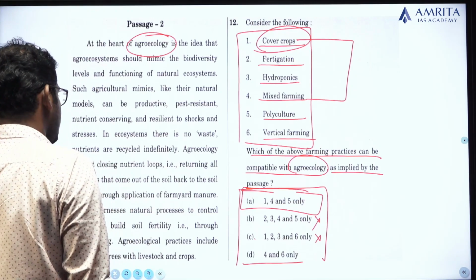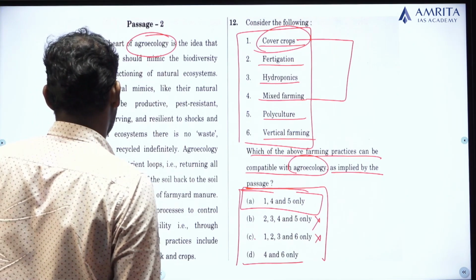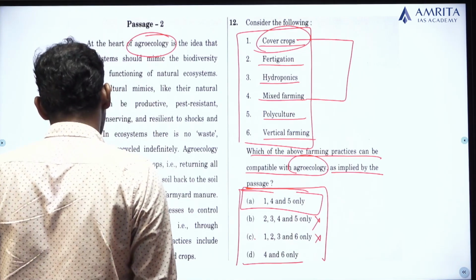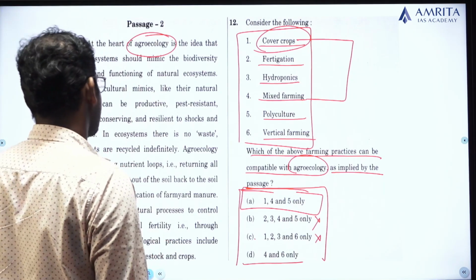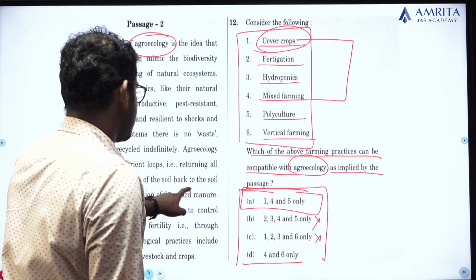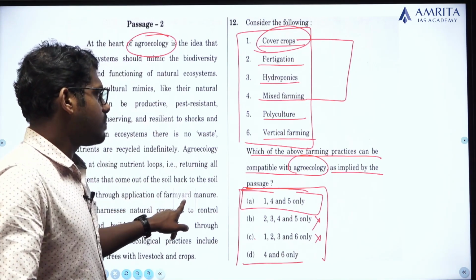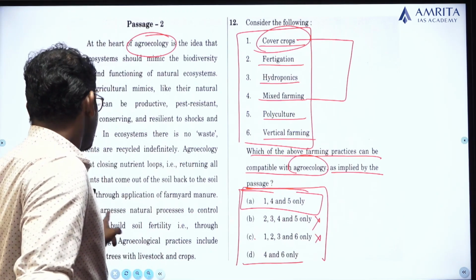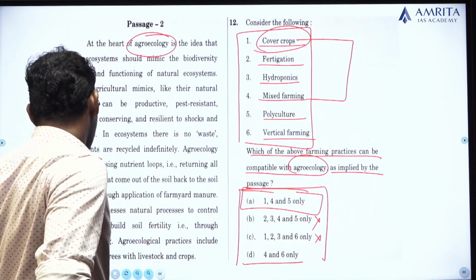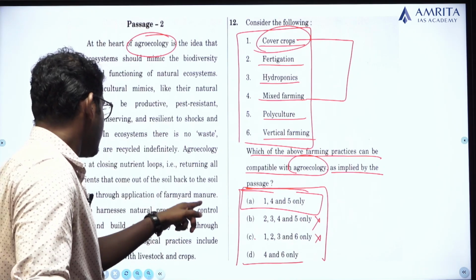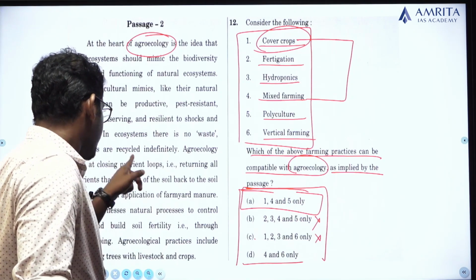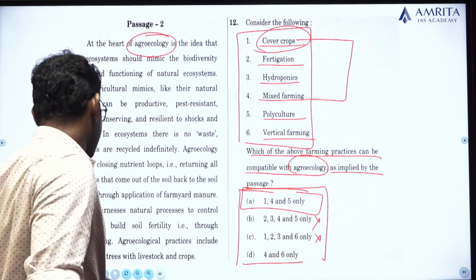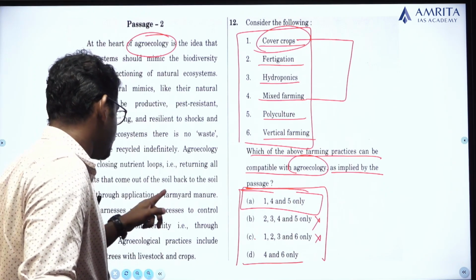Agroecology aims at closing nutrient loops, that is returning all nutrients that come out of the soil back to soil, such as through application of farmyard manure. Farmyard manure means what? Mixed farming. It also harnesses natural processes to control pests and build soil fertility, that is through intercropping. Agroecological practices include integrating trees with the livestock and crops.